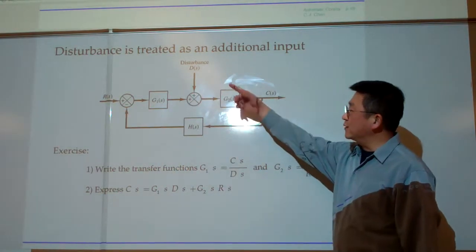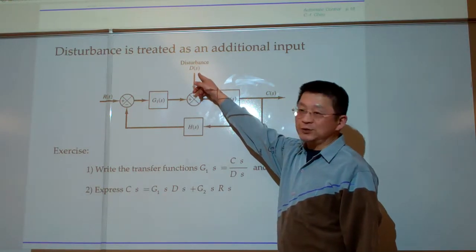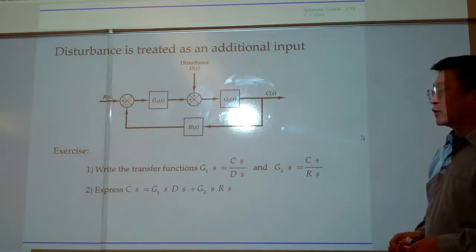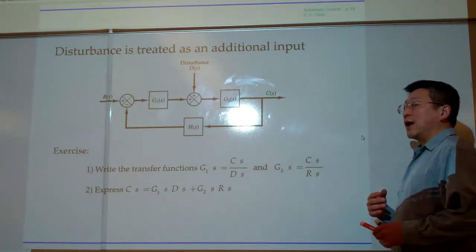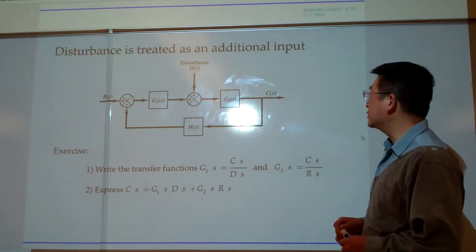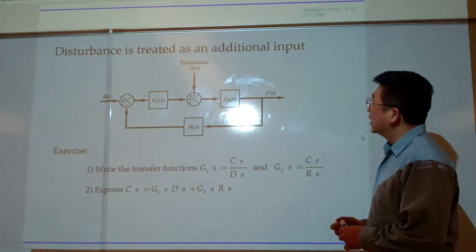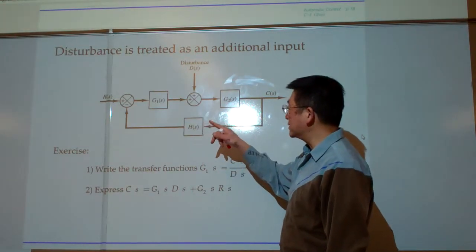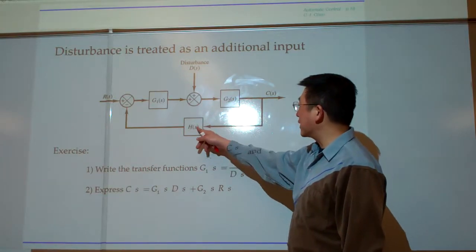The second is another input called disturbance. Disturbance means perturbations of the nominal system, for example due to friction, or due to a portion you have not modeled yet. Everything like that can be classified as disturbance. This is a closed-loop feedback system, and we have three blocks: G1, G2, and H.